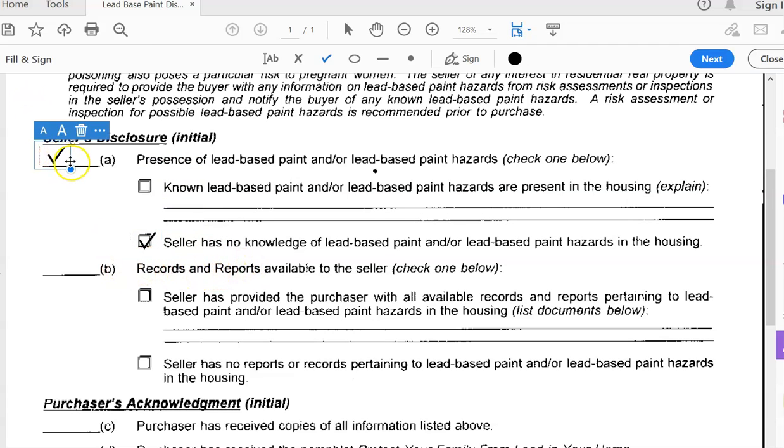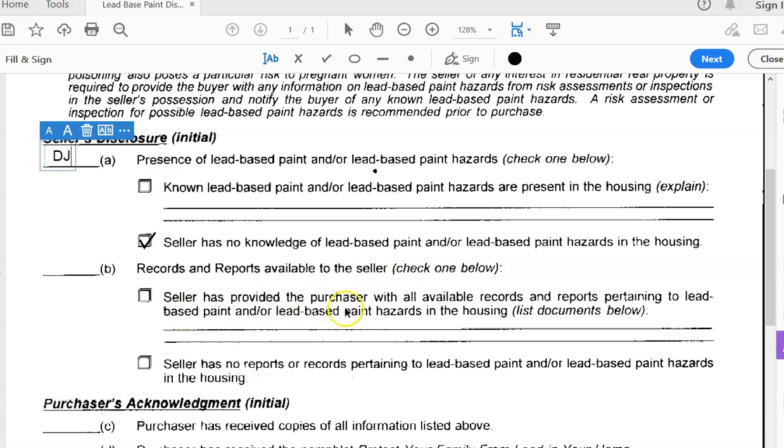They will also have to initial each line. So here they will initial DJ. Next would be B, records of reports available to the seller.